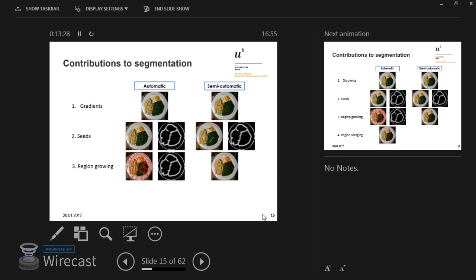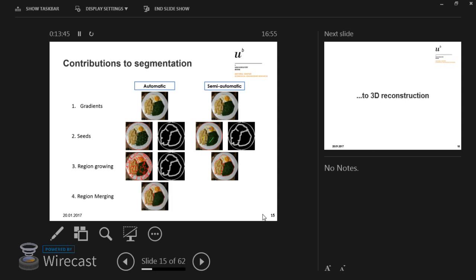But in the automatic case, we still have a lot of work to do, because our regions are not merged yet. We still have a lot of regions that should be put together. To do this, we add another layer, statistical region merging, which takes care of merging all those small regions into big, consistent ones. These are very simple algorithms, and as a result, they work quite fast and also work very well on the data set.